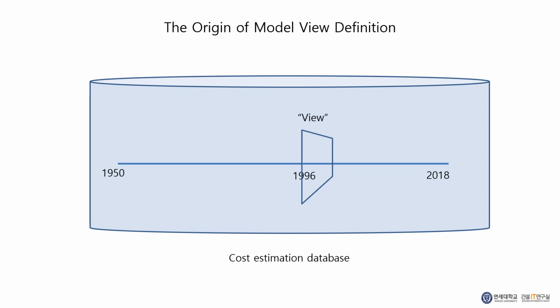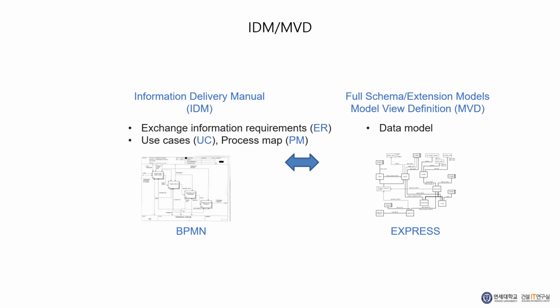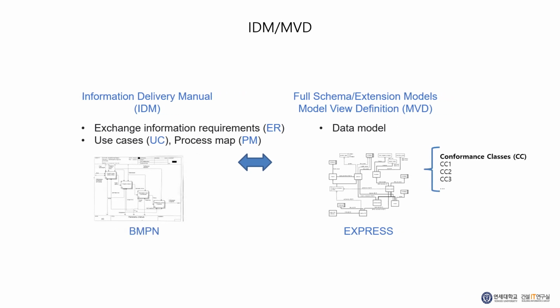Then we call this cross-section of the data set a view, or model view. So the model view definition is the schema that represents this view. An MVD can have small subsets, which is similar to the concept of conformance classes: micro MVD. The concepts are very comparable with those of application protocol.